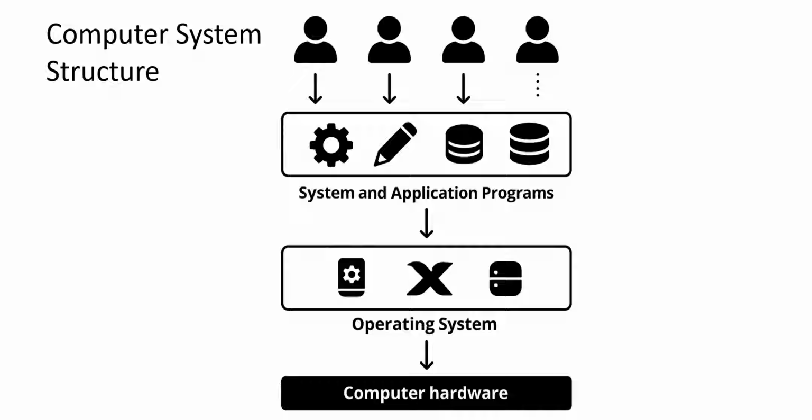And at the very bottom, we have computer hardware, the physical machine that everything ultimately runs on. This layered view is really important to internalize. Users never touch hardware directly. Every request flows down through programs, through the operating system, and only then reaches the hardware.